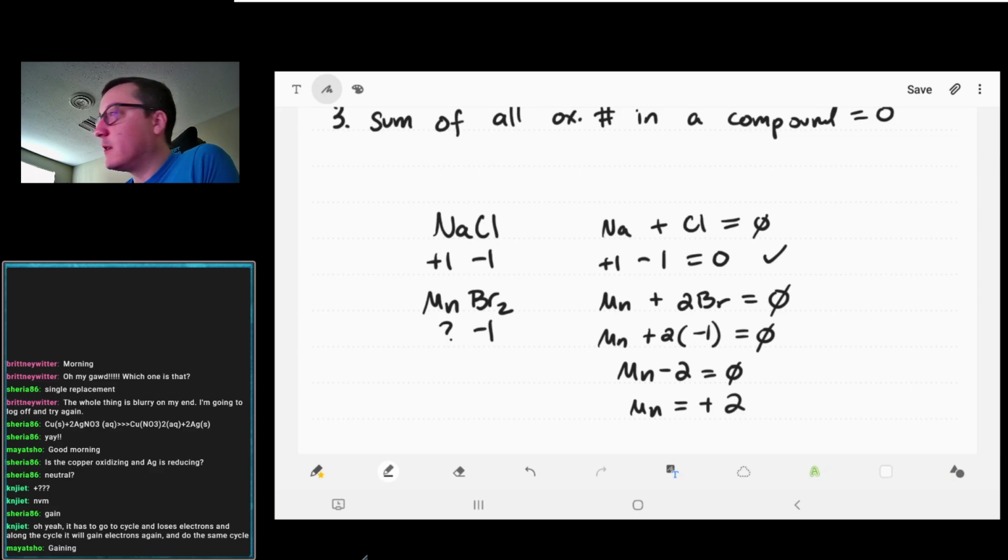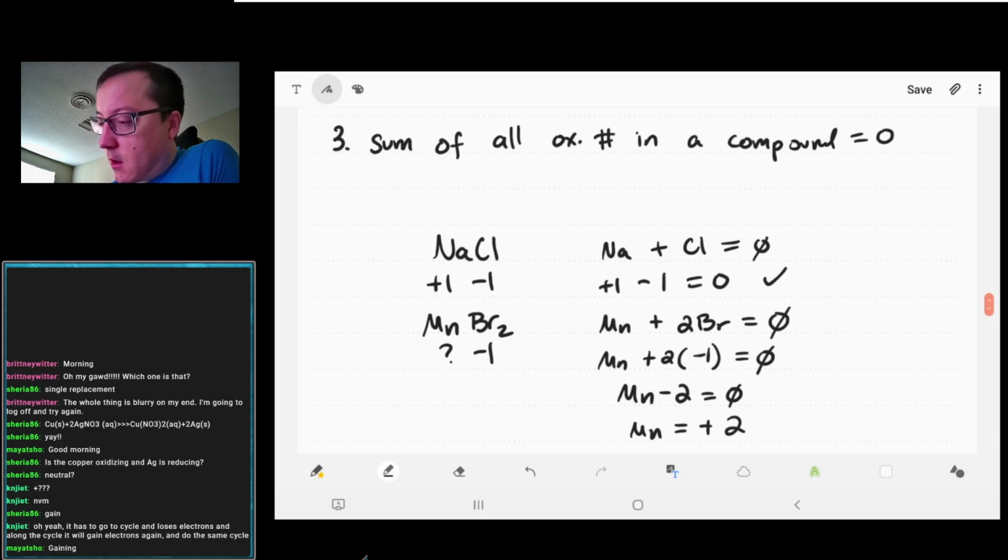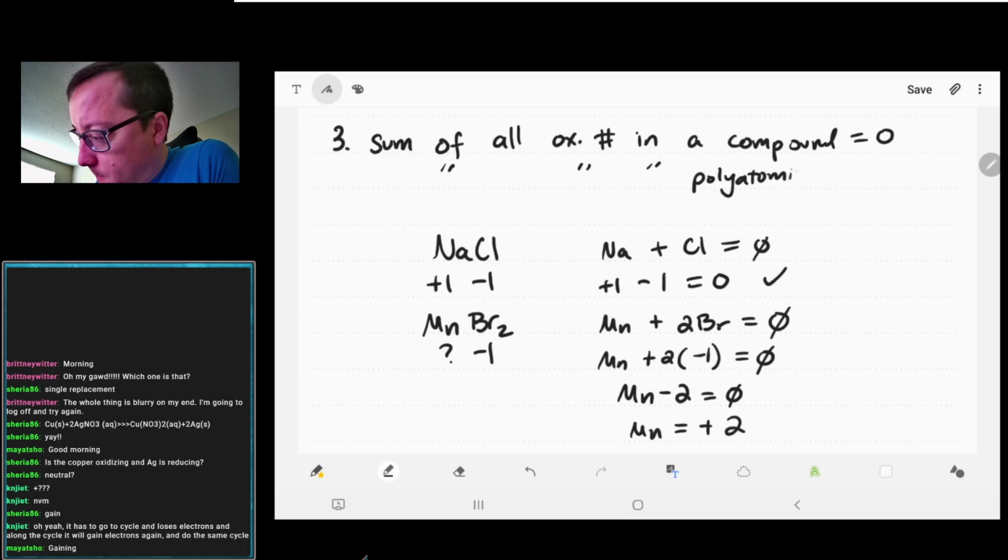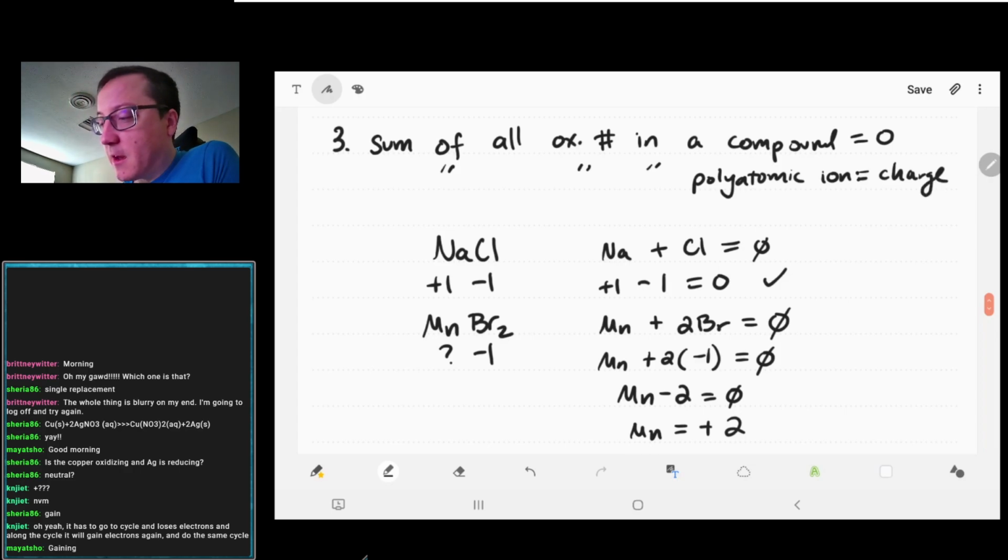So this rule is, again, very similar to charge balancing. Alrighty, and in fact the same thing is true that if we're looking at a polyatomic ion, the sum of all the oxidation numbers in a polyatomic ion will equal the charge of that ion.